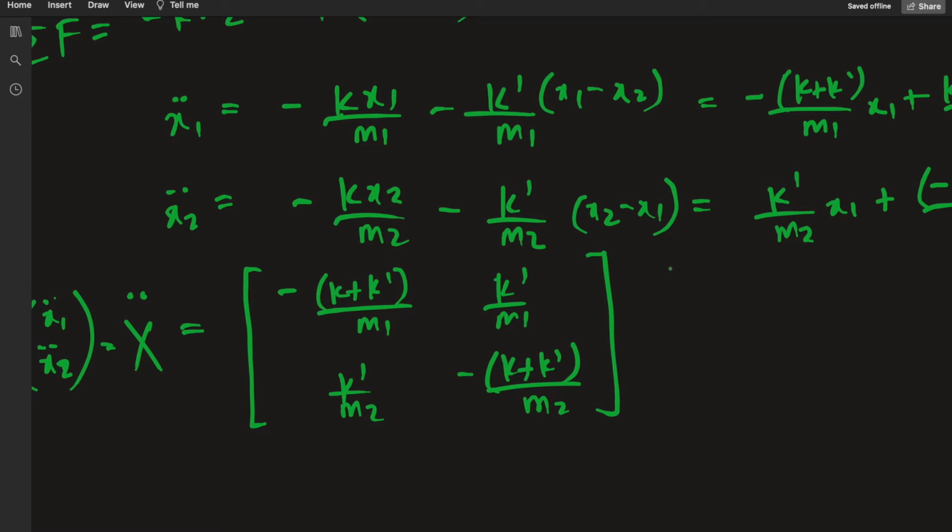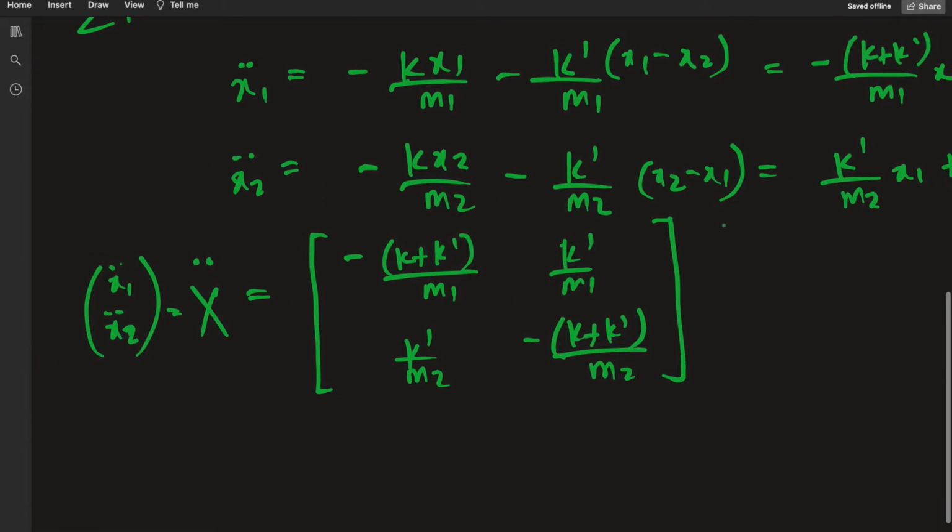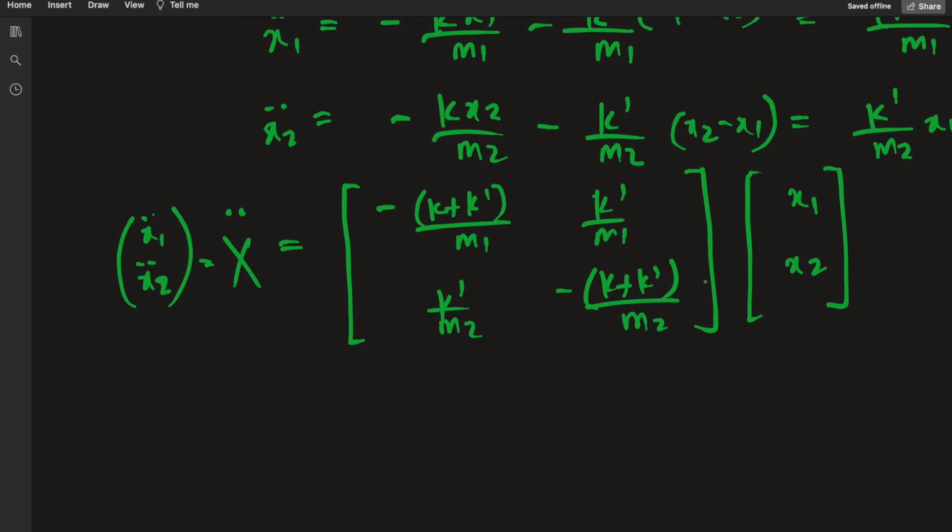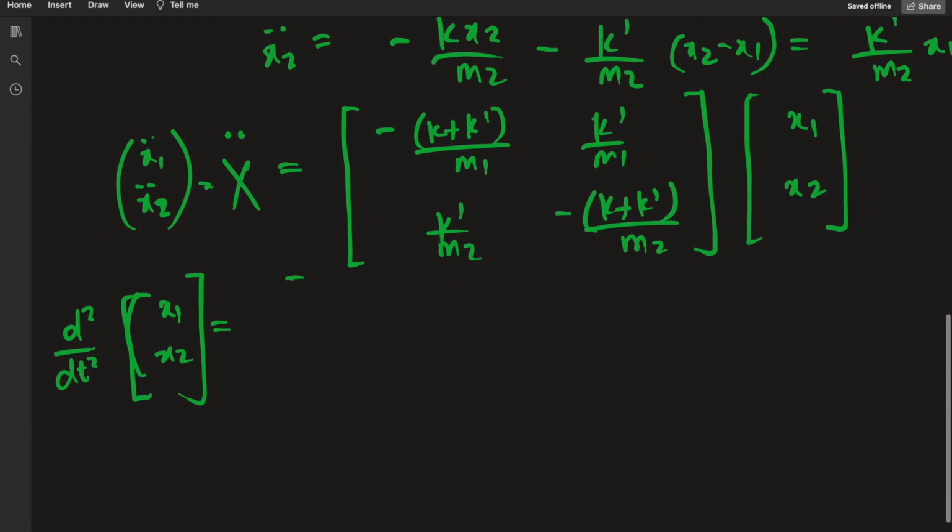And then we have this entire thing applied to this vector x1 x2. Now this X double prime I can represent as the second derivative with respect to time of the column vector x1 x2, and then this is just the same.